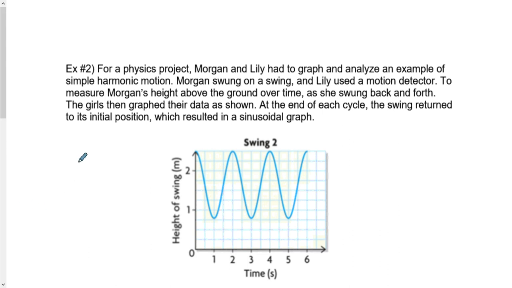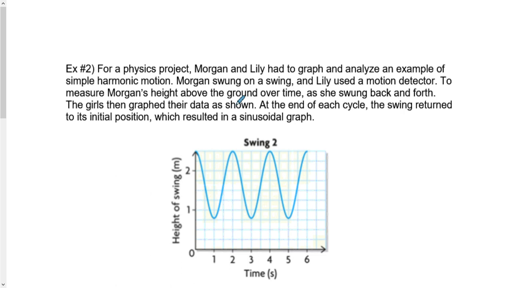Example 2 says, for a physics project, Morgan and Lily had to graph and analyze an example of simple harmonic motion. Morgan swung on a swing, and Lily used a motion detector. This is sometimes an activity that's done in physics, not always, depending on availability of materials. What's being done is it's measuring the height of Morgan over time as she swings back and forth.